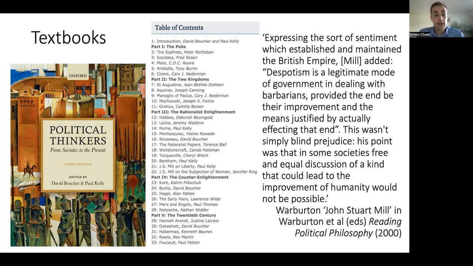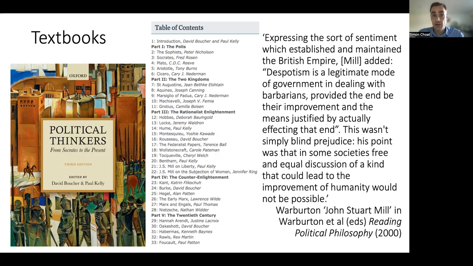So maybe the most widely used textbook is this one on the screen here, Political Thinkers. We'll continue to use it again. But as you can see from the contents listed here, it doesn't contain any non-white thinkers. And it contains only two women thinkers, Arendt and Wollstonecraft.